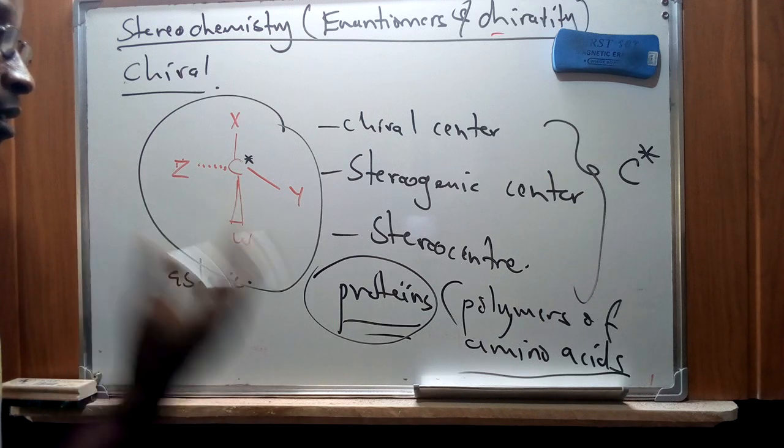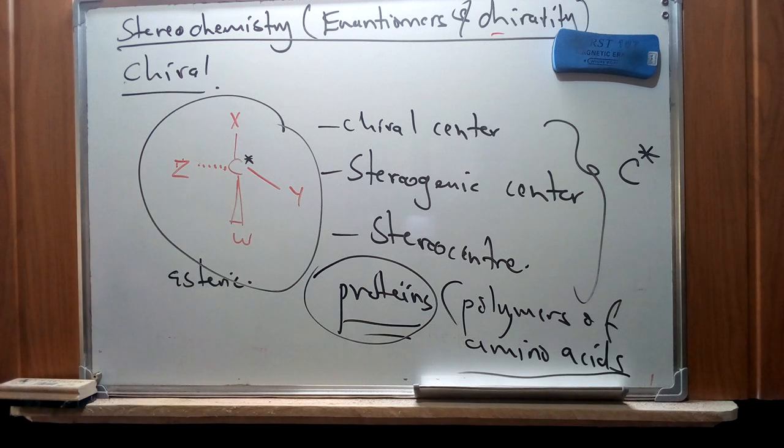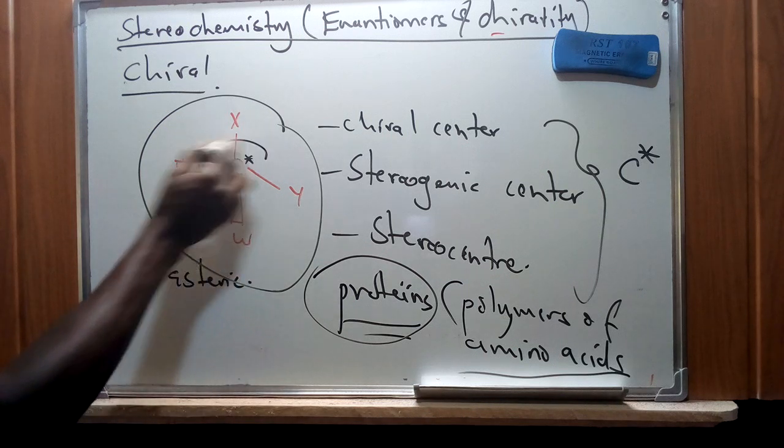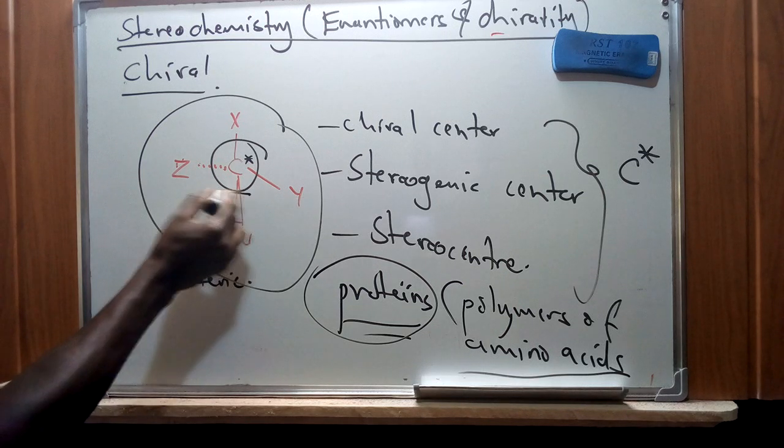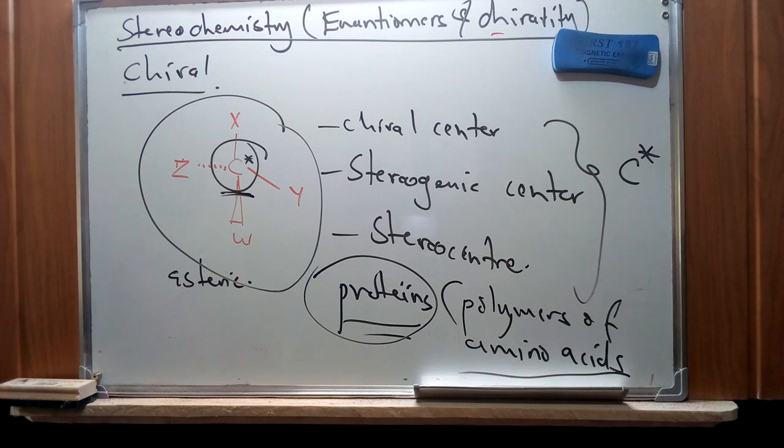So try to remember this concept as we deal with proteins and molecules, so that whenever we mention the chiral centers or the stereogenic or stereo center, it will appear in our mind that this is what we are referring to.